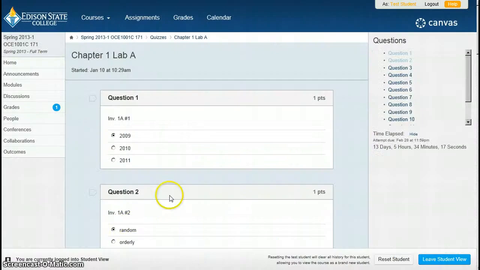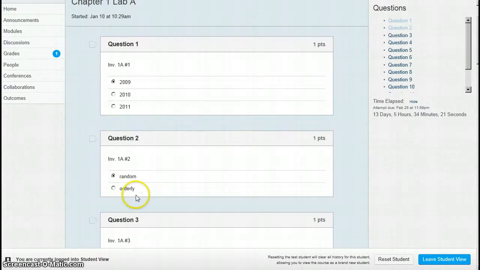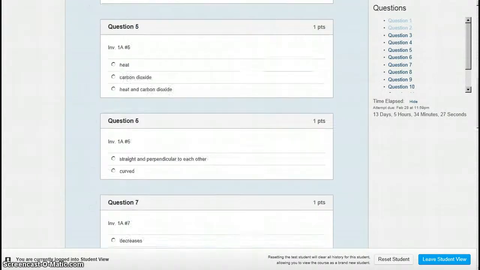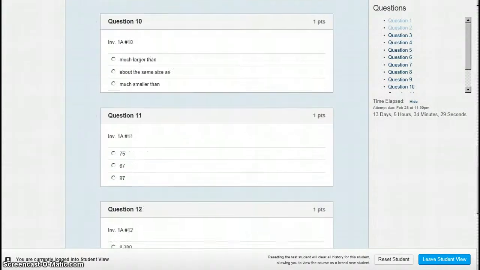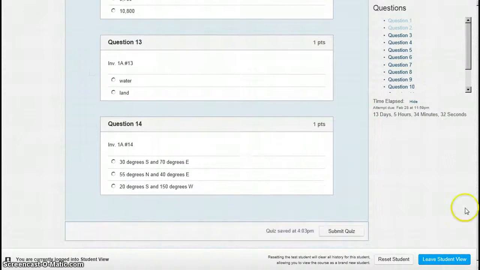So we go back to our quiz, and you will see question number 2, random or orderly. When you answer it, you go through for all 14 questions. At the very end, scroll down to all 14. Once you're done answering all 14, you hit submit, and it will grade your quiz automatically.